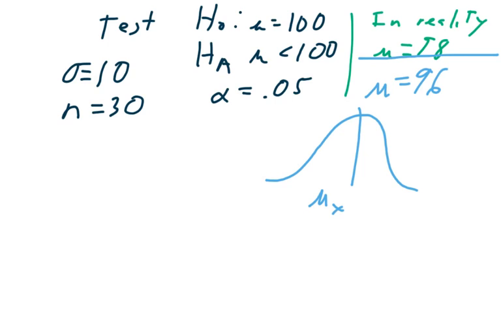So coming back over here, we got 96 in the middle. We have an x bar of 97 over here. Sigma equals 10 over the square root of 30.